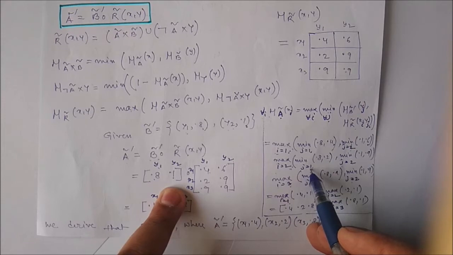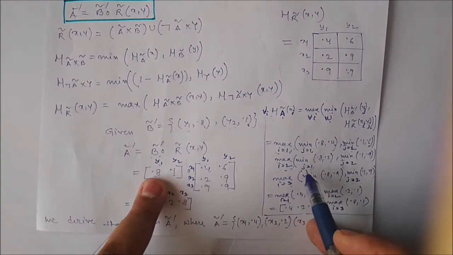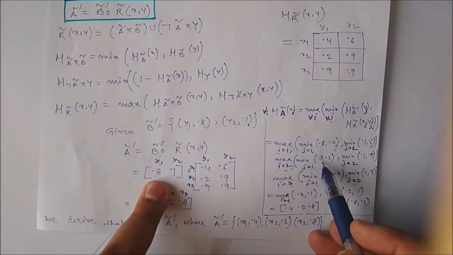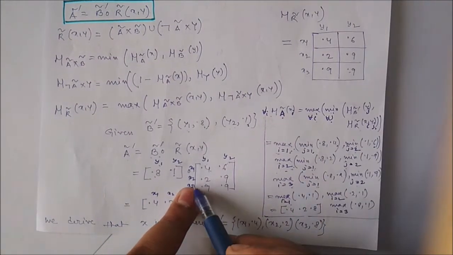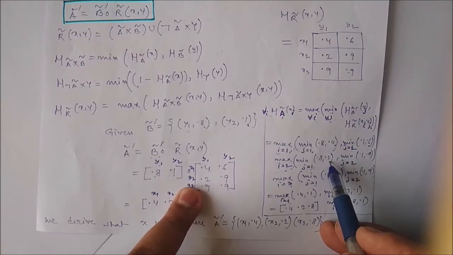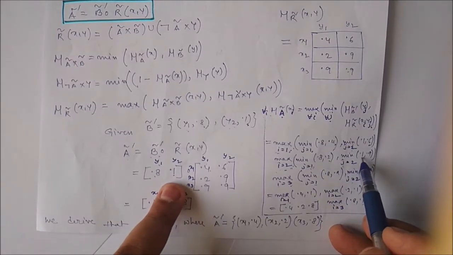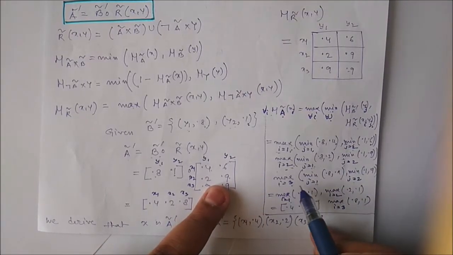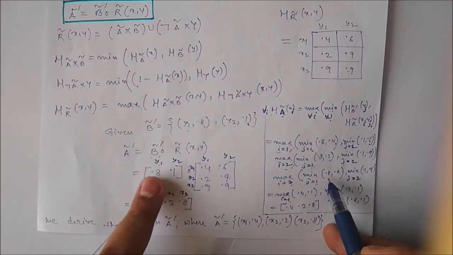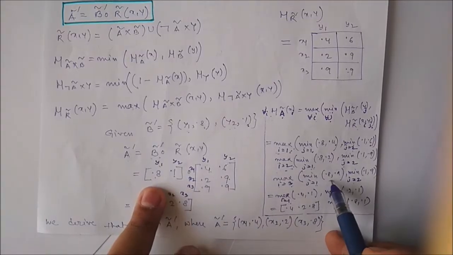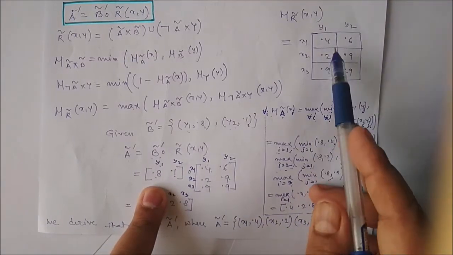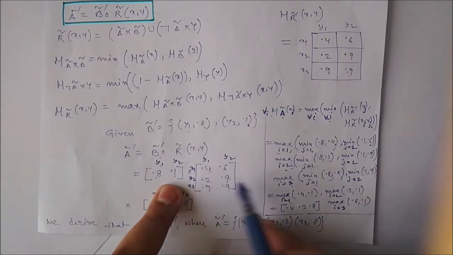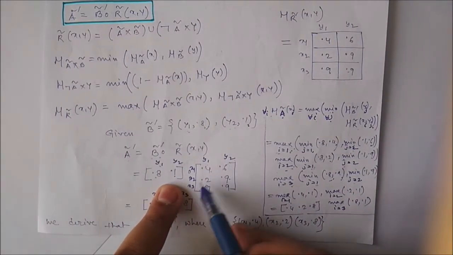Similarly, for i equal to 2 and j equal to 1, y1 is 0.8 and x2 y1 is 0.2. For j equal to 2, y2 is 0.1 and x2 y2 is 0.9. For i equal to 3, j equal to 1, y1 is 0.8 and x3 y1 is 0.9, and for j equal to 2, y2 is 0.1 and x3 y2 is 0.9.